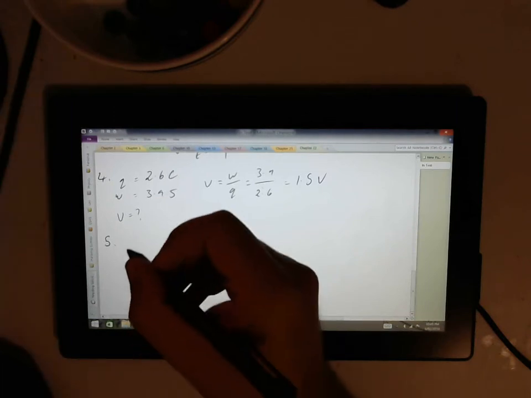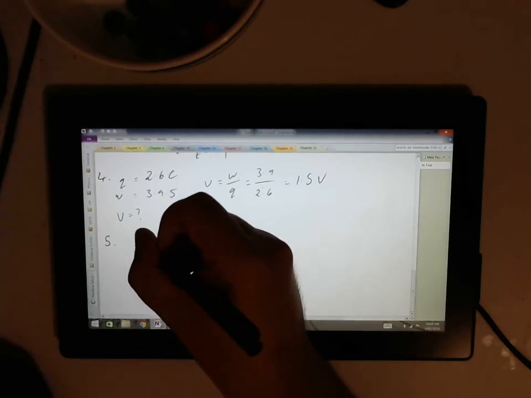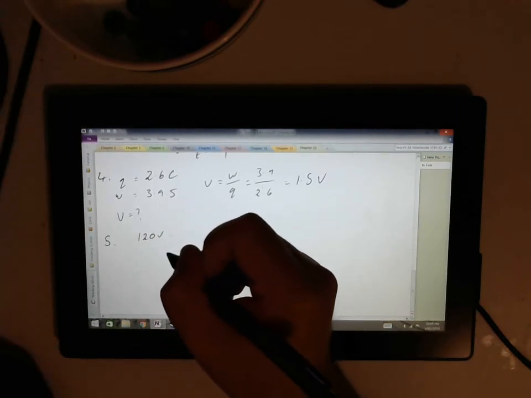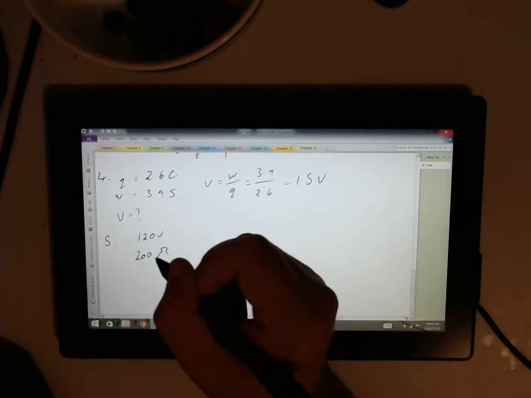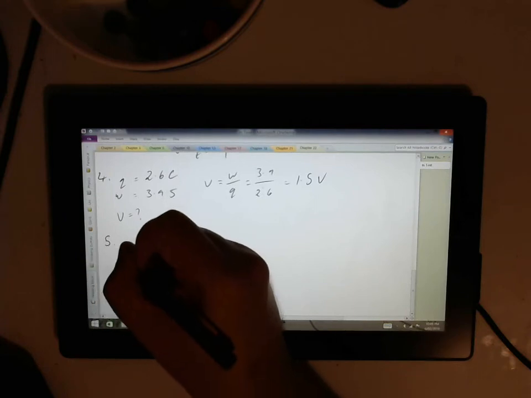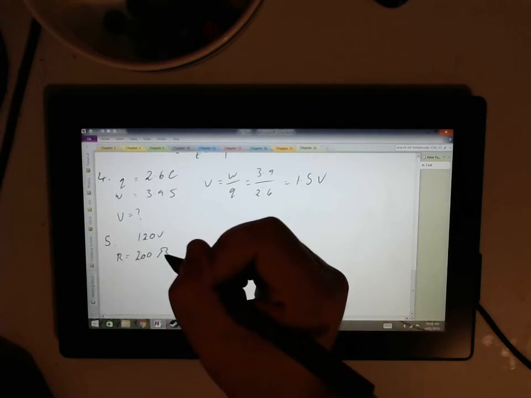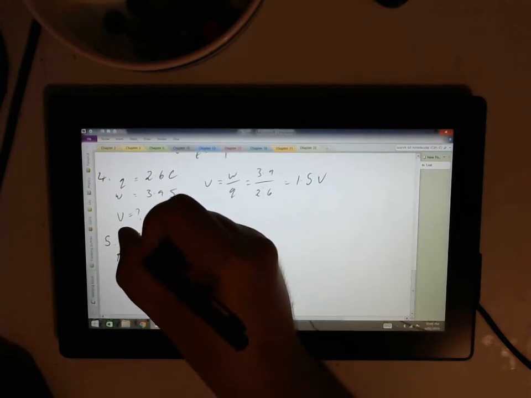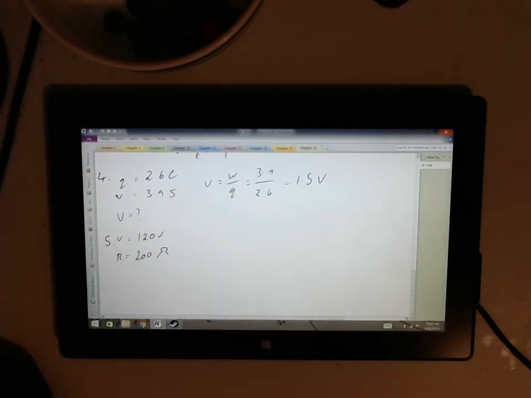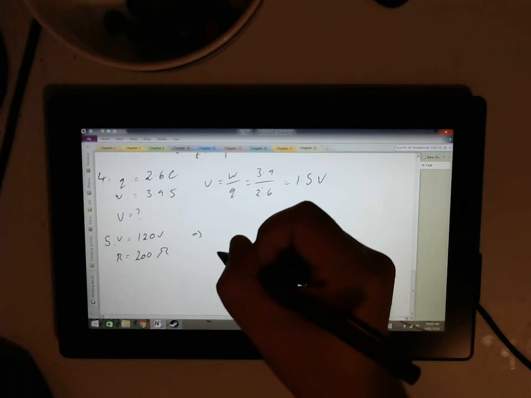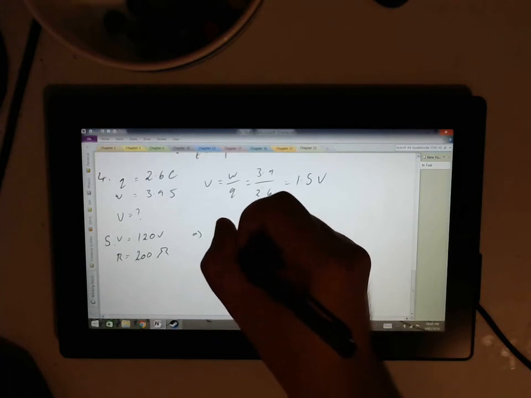Okay, let's write down these values. So we have 120 volts, and we have 200 ohms. Ohms is the symbol for resistance, so capital R for resistance, and voltage is symbol V. Part A of this question is asking what is the current through the bulb.